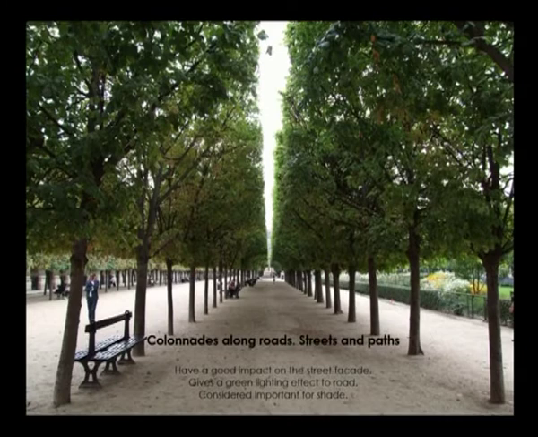Another element which could be used is colonnades along roads, streets and paths. Every avenue created with sidewalks like this, again a row of trees, creates a sense of social environment where you could have street furniture and a row of trees, which makes it aesthetically pleasing. It has a good impact on the social status of the project.